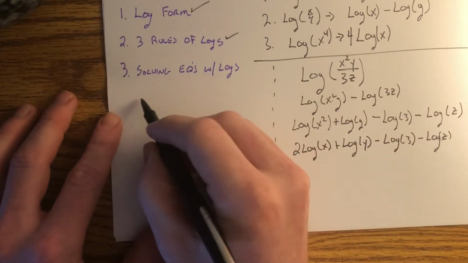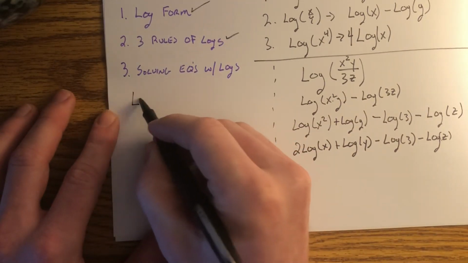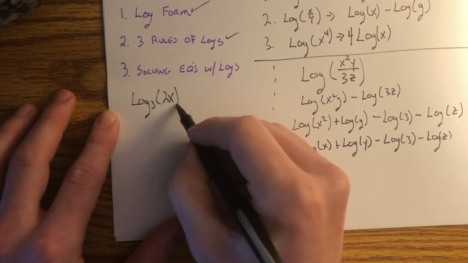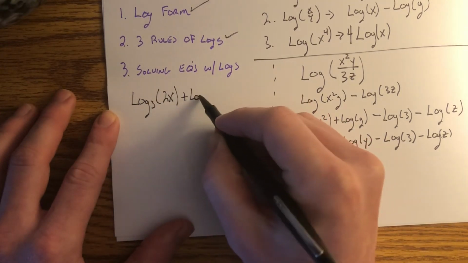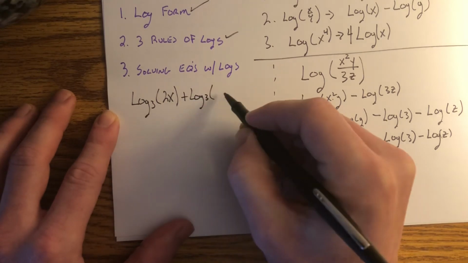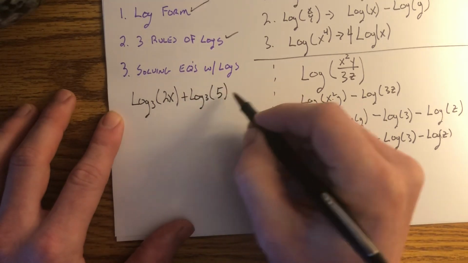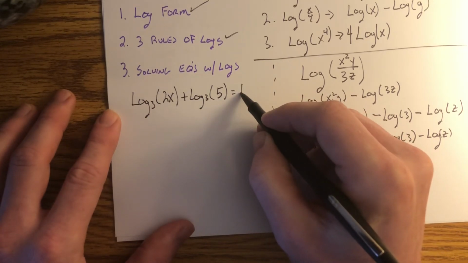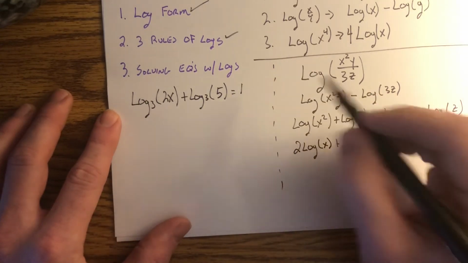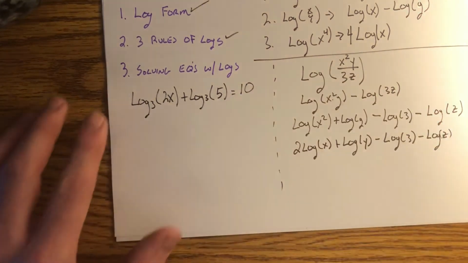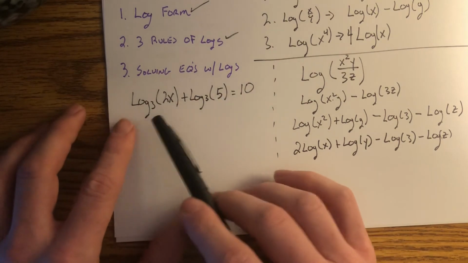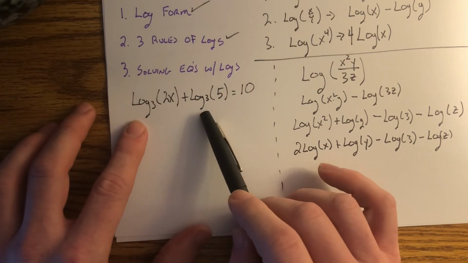So let's say I had something like log base 3 of 2x plus log base 3 of 5 equals log base 3, we'll just say 10. That looks good. Okay, so the problem is that we need to write this. We don't know how to solve things like this.